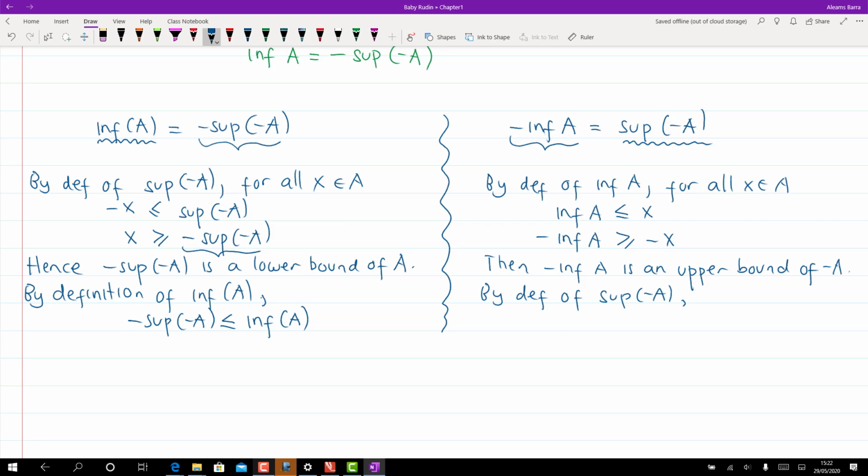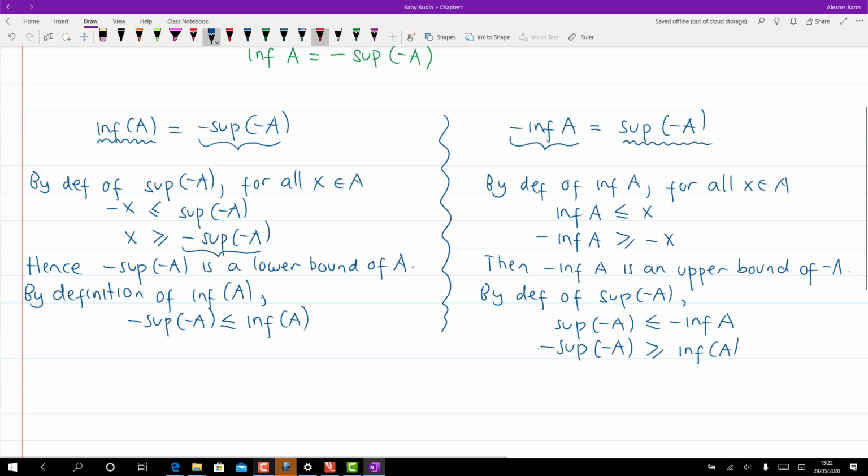So we have the supremum of minus A is less than or equal to minus the infimum of A. Upon multiplying by negative 1, we have minus the supremum of minus A is bigger than or equal to the infimum of A.